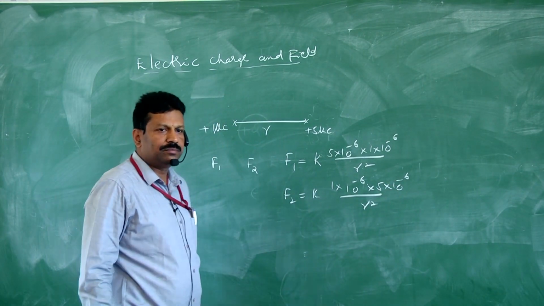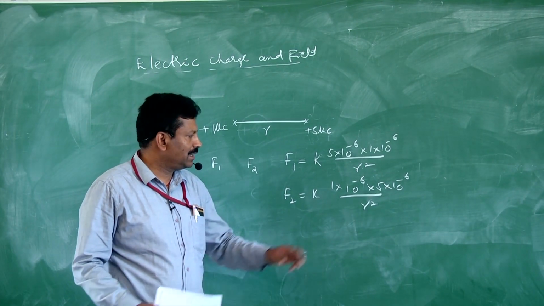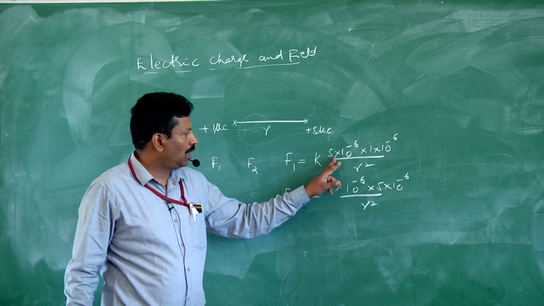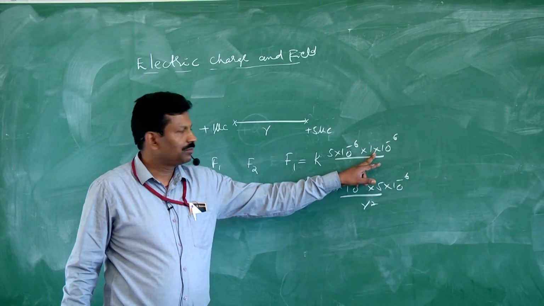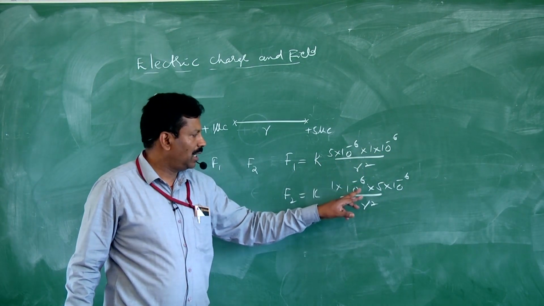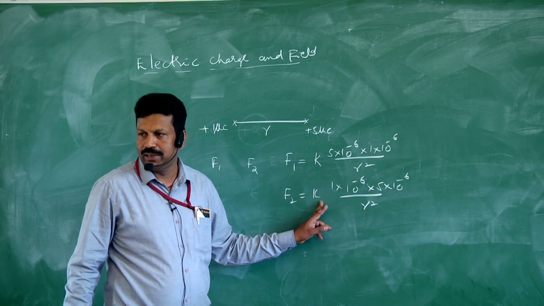Are they different or same? Same, right? So if you multiply and simplify this, you get 5 into 10 to the power minus 12 K by R squared, and here you also get 5 into 10 to the power minus 12 by R squared into K.